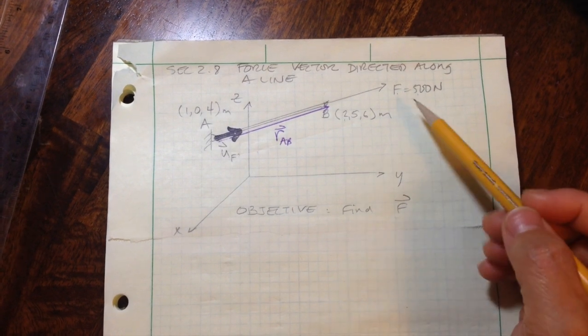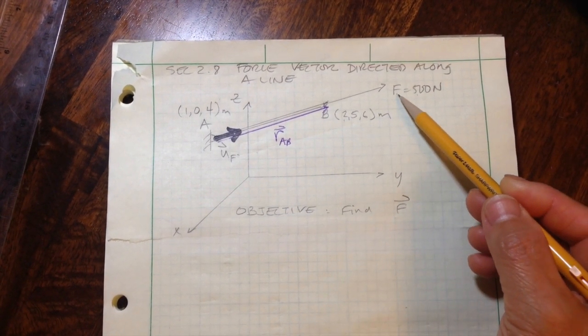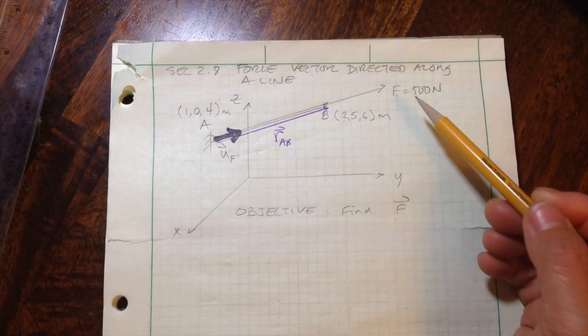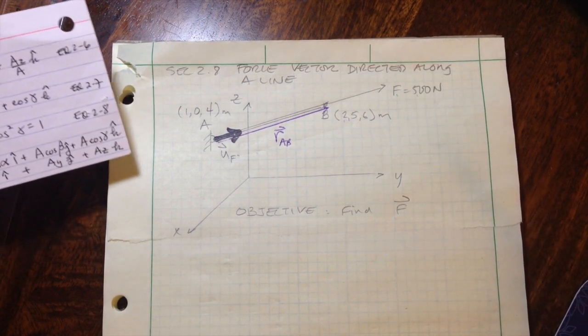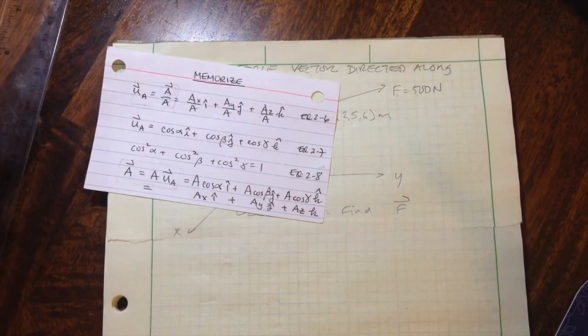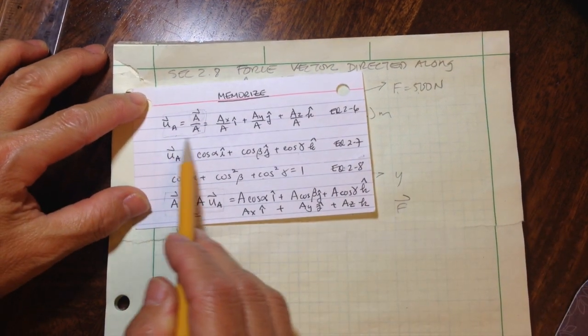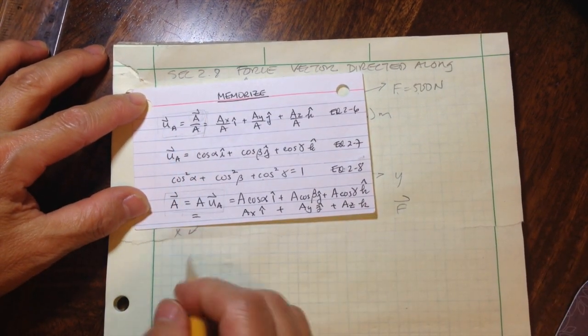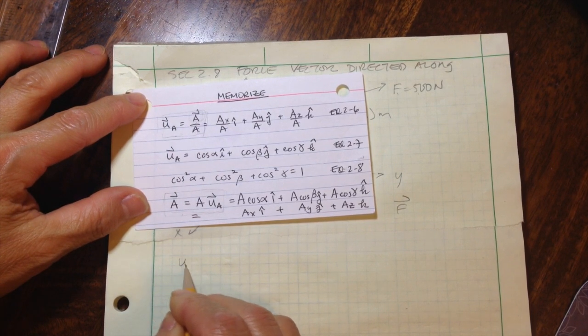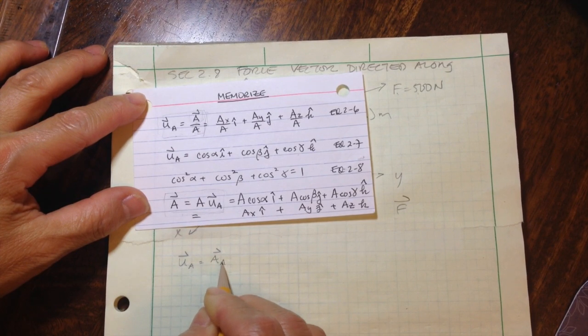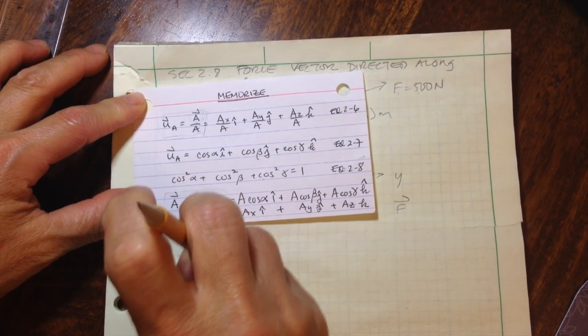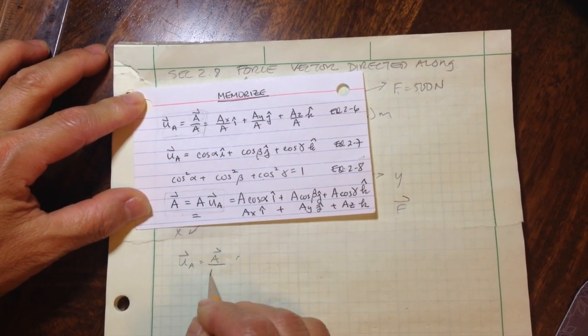In order to find the Cartesian vector notation for this force F, we'll have to use a couple of equations that we've been introduced to in the previous sections. So the first one is this. I'm just going to write that down here for our reference, and we'll modify it for this particular problem afterwards.